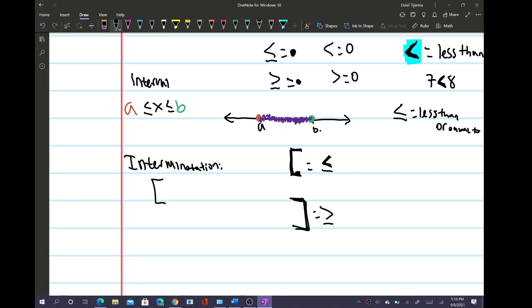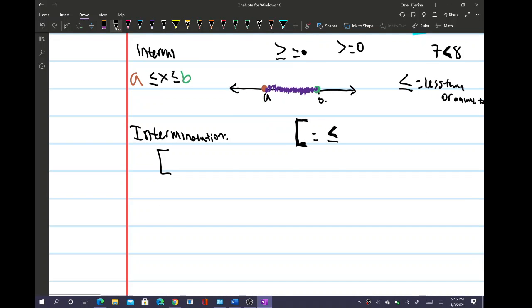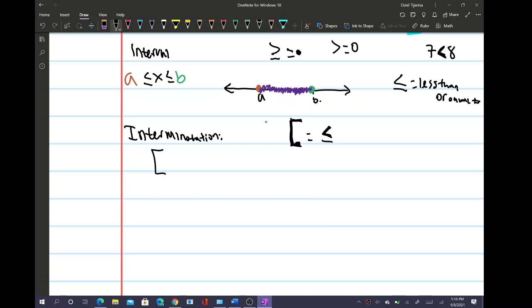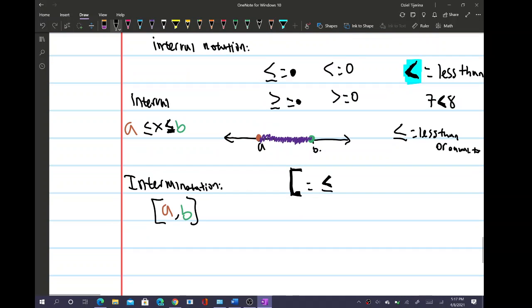I know that's kind of confusing, so let me explain. If we're going from A to B, and we have this first one here, that means there's going to be a bracket at A. Then a comma, and then this one, less than or equal to B, so we're going to put B, and then another bracket, because anytime you have the line under, it's always going to be a bracket.